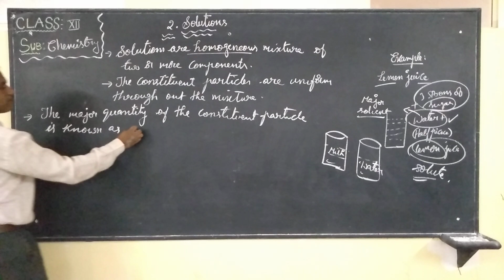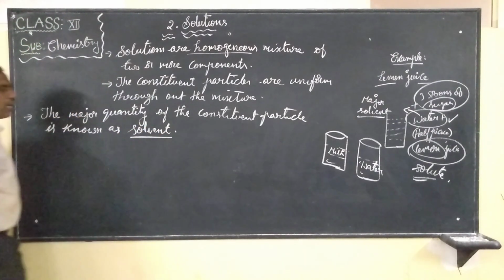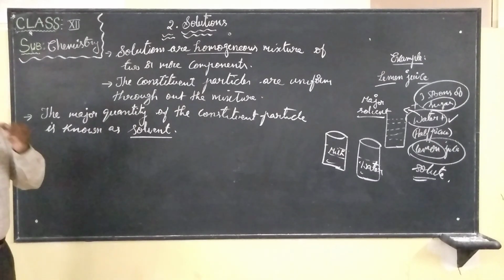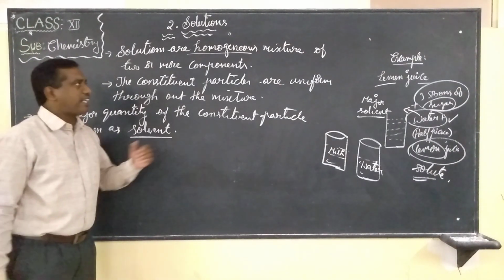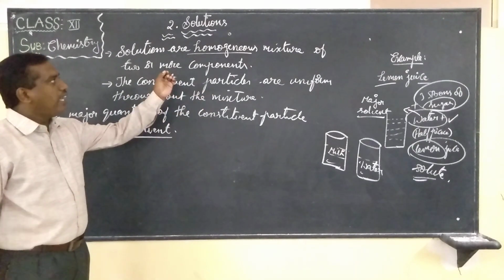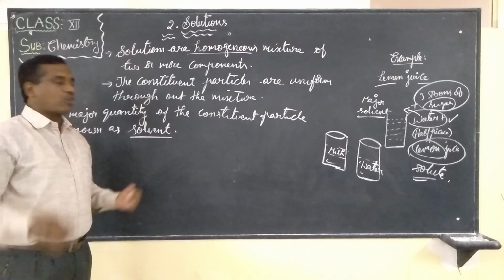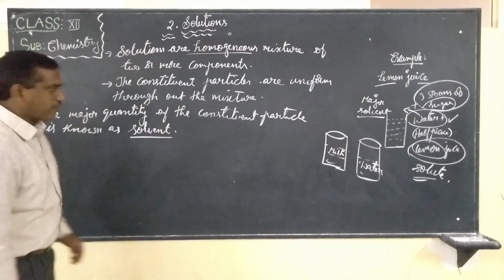The solvent. The major quantity of the components. There are many constituent particles here, as we have seen. Among them, the one that is major in amount is called the solvent.